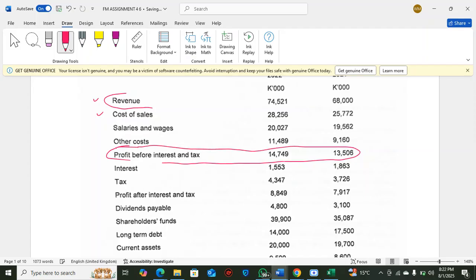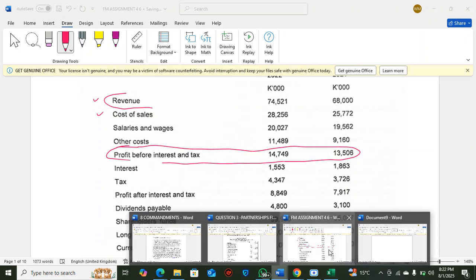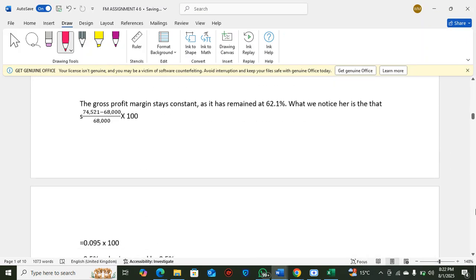So the operating profit margin, we want to find out, of our sales revenue, what percentage is operating profit? Or for every one kwacha we make in sales, how much do we make in operating profit? Okay, so operating profit margin is just your operating profit divided by the sales revenue.